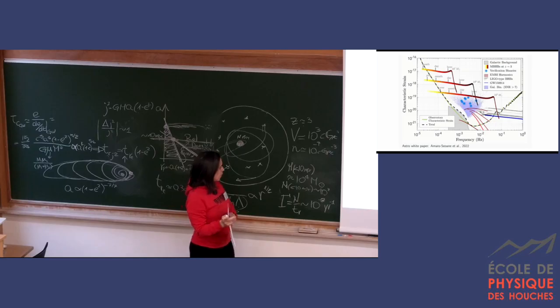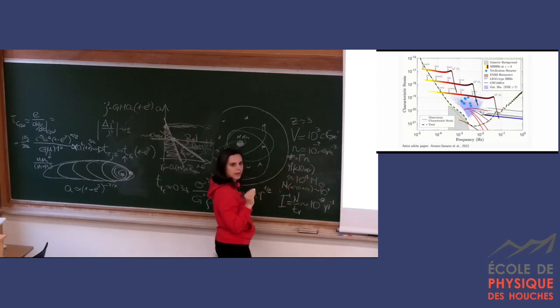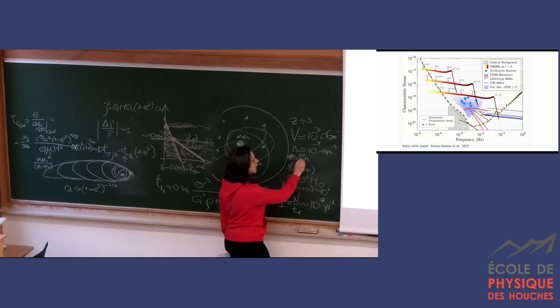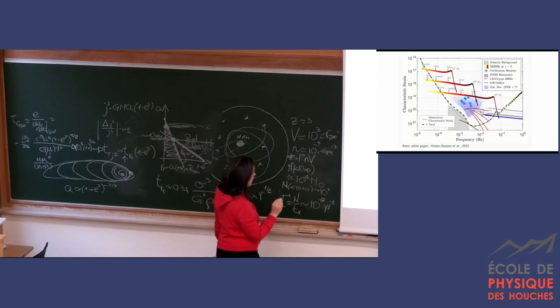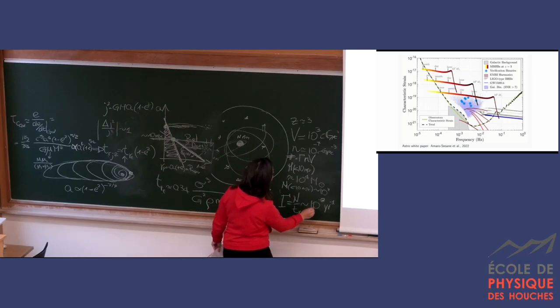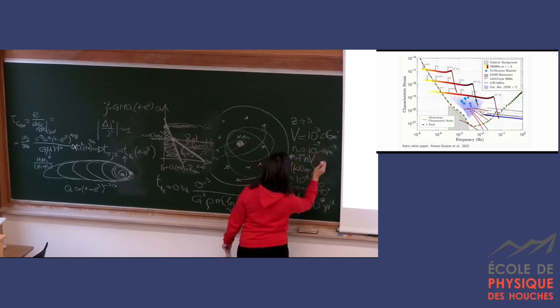Then what we have to do is, the event rate of LISA events per year is equal to the event rate for a Milky Way-like galaxy, times the density of Milky Way-like galaxies in the universe, times the volume that is observed by LISA, right? So we have basically 10 to the minus 8 times 10 to the 3. Oh, sorry, no, I did something wrong.